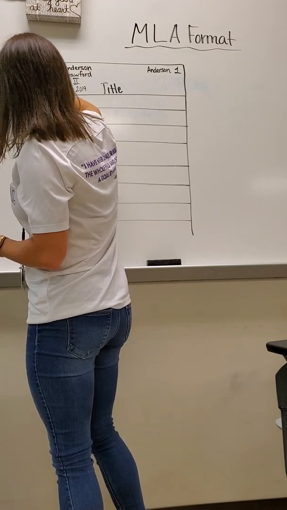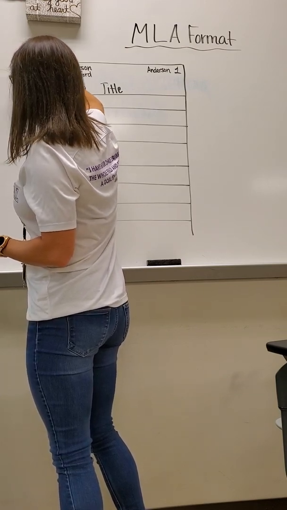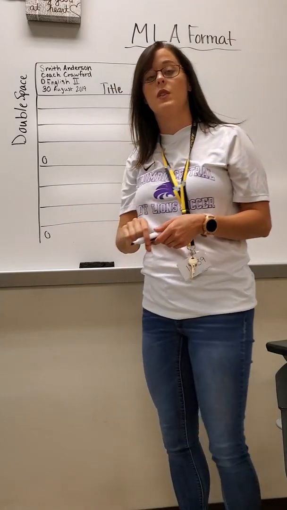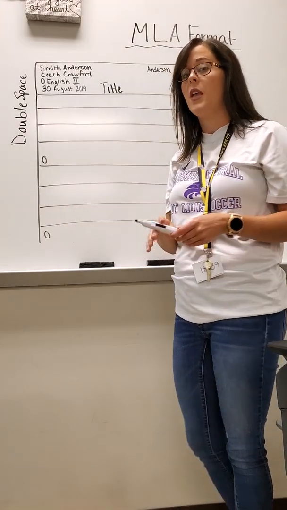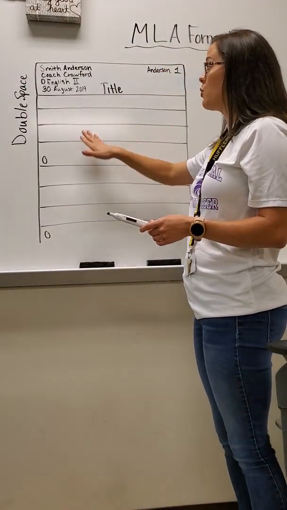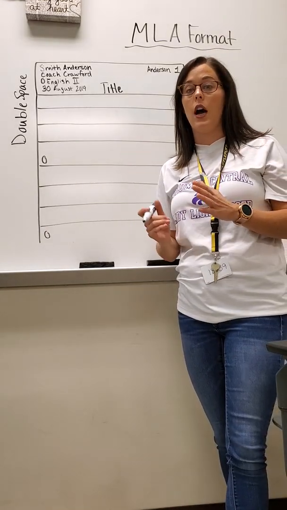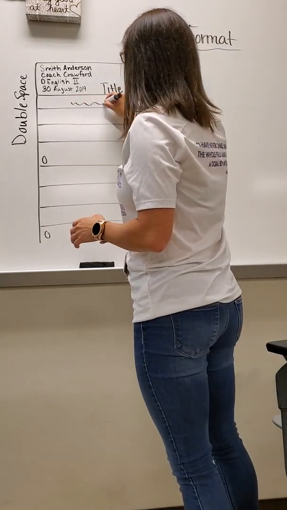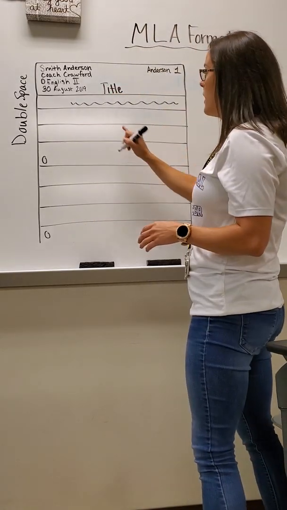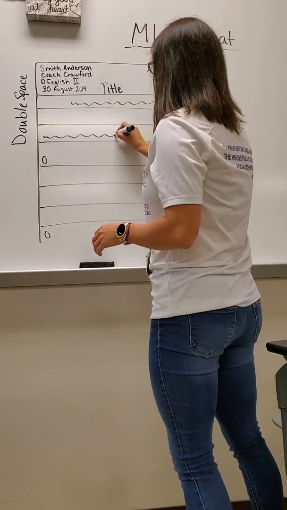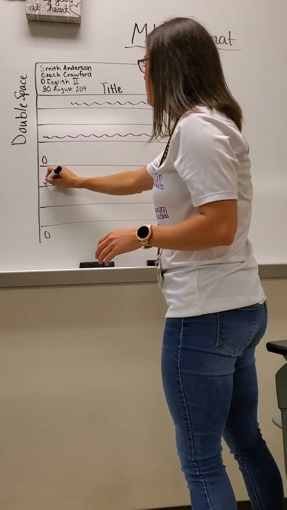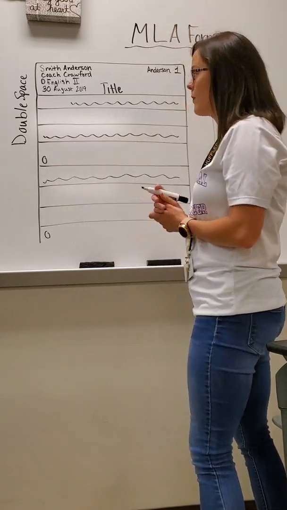Double space your writing, or if you are typing, you set it up to double space your paper. Now, how this looks on your writing, it just means you are going to write on every other line. So if I want to write here, I'm going to write here, and then I skip my line, then I go to the next. Skip a line, go to the next.